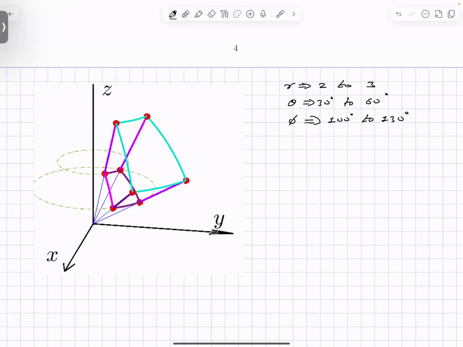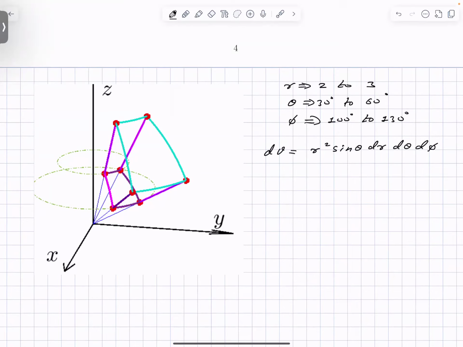Let's start with the volume. In the formula sheet, we have the formula for the infinitesimal volume: dV equals r squared sine theta dr d theta d phi. Now, we don't have a differential object anymore. We have a bigger, regular object.